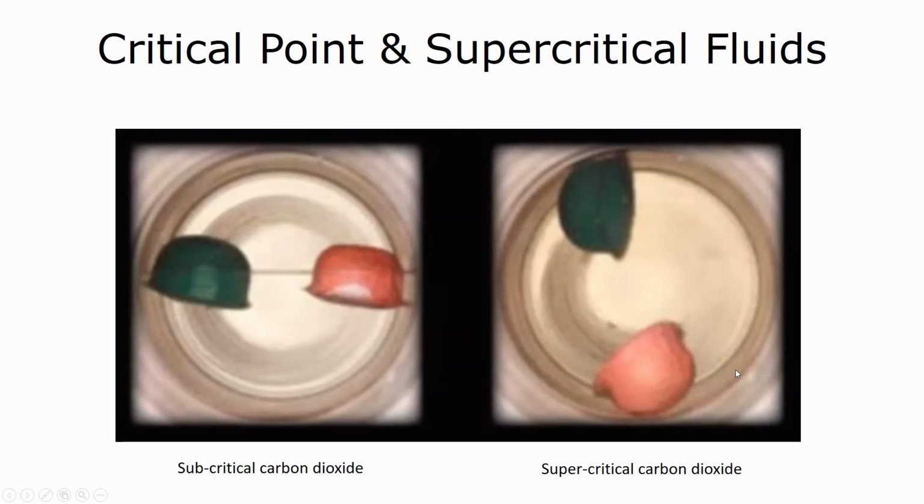Now we can lower the pressure again, and we can go back to subcritical, and these two ballasts will come back to the same level. So this is supercritical fluid. This is what you get when you have pressures and temperature beyond the critical point, where you lose the difference in the liquid and gaseous phases.